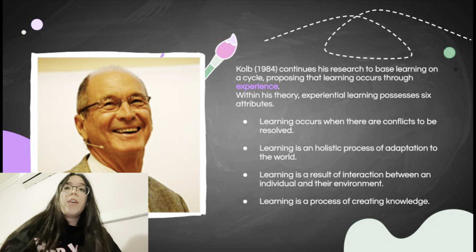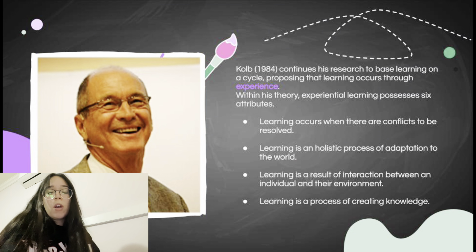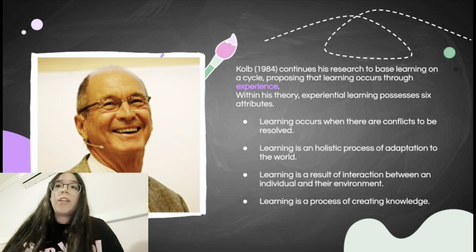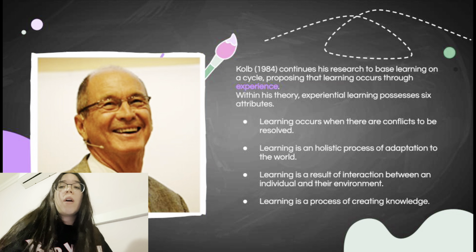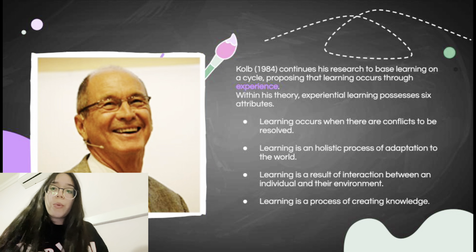Kolb, in the year of 1984, continues his research to base learning on a cycle, proposing that learning occurs through experience. So he says that they acquire knowledge through experience because they are better able to connect theories and knowledge learned in classroom to real-world situations.